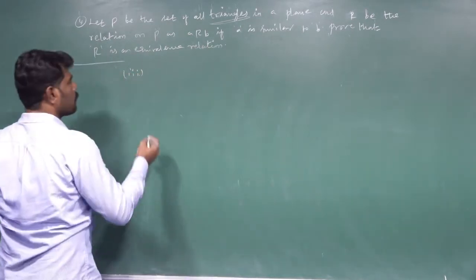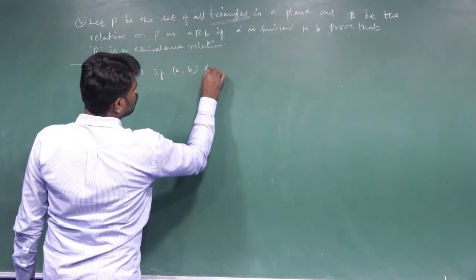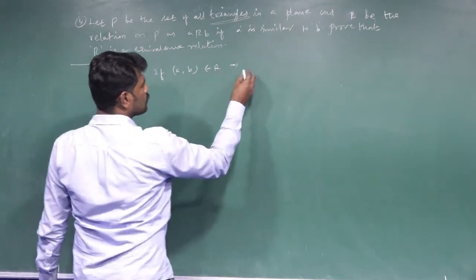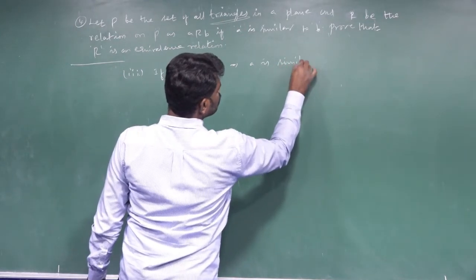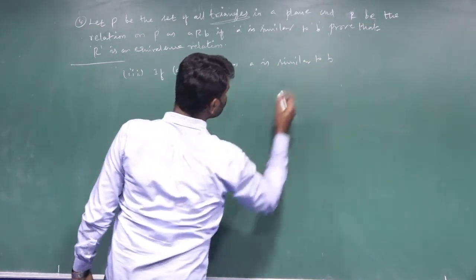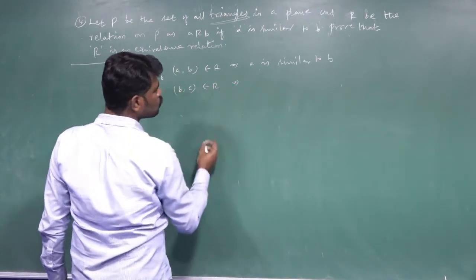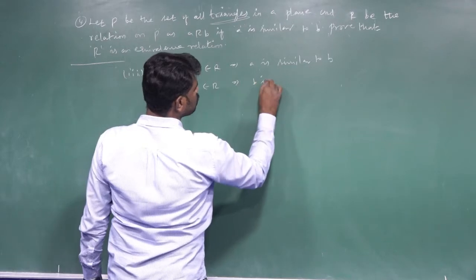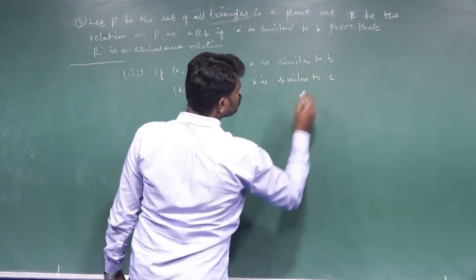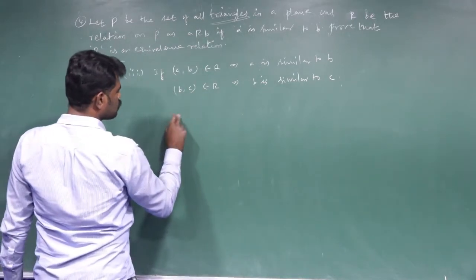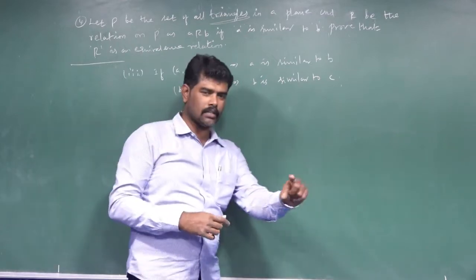Now third case, if A comma B belongs to R, this implies A is similar to B. B comma C belongs to R. This implies B is similar to C. So then we can say three triangles are there.